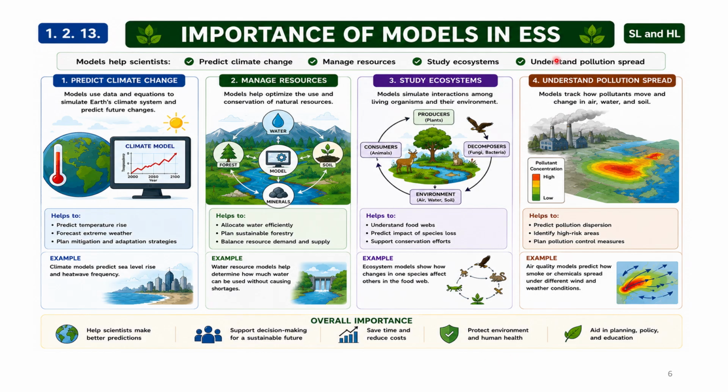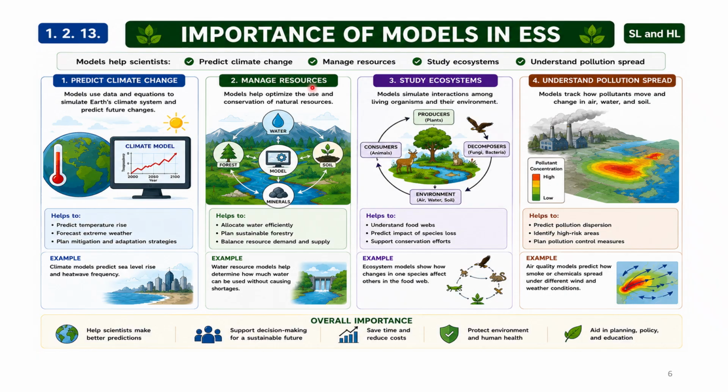Importance of models in environmental systems. First, models help us predict climate change by simulating Earth's climate system. For example, climate models use temperature, atmospheric, and ocean data to forecast future warming, sea level rise, and the frequency of extreme weather events. This information supports mitigation and adaptation strategies.